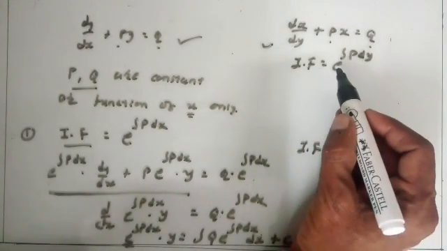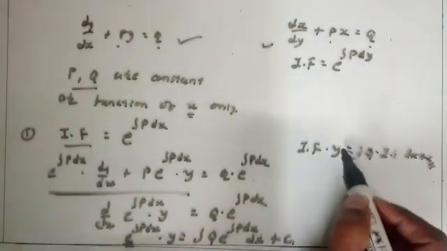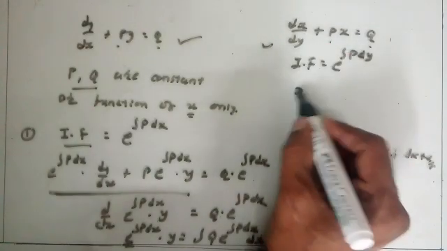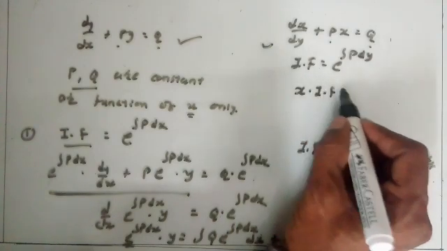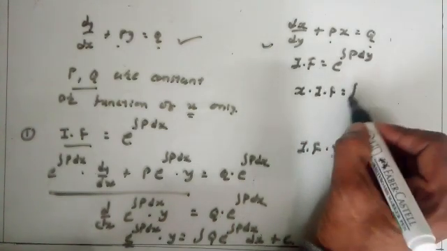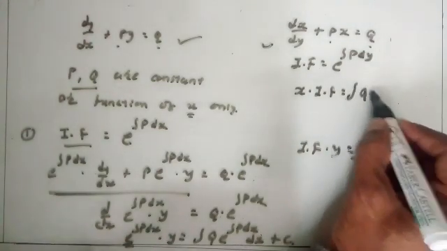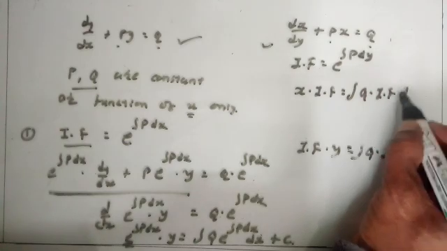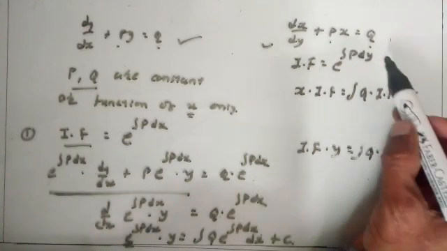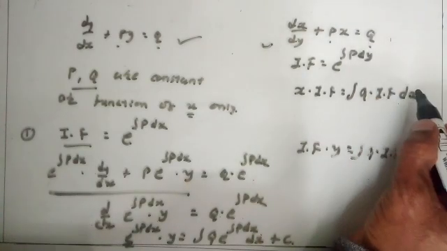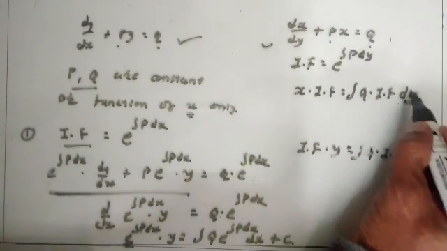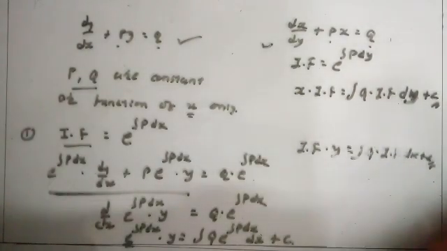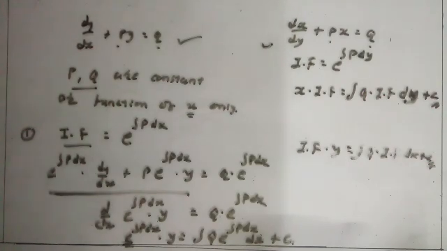Multiplying both sides by IF and changing into this form, the solution becomes: x into the integrating factor IF is equal to integration of q into the integrating factor, here with dy since p and q are functions of y, plus the integration constant c. Clear?